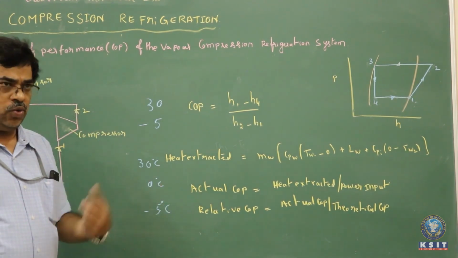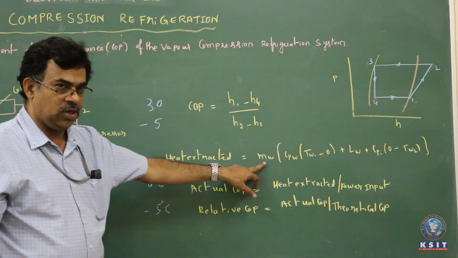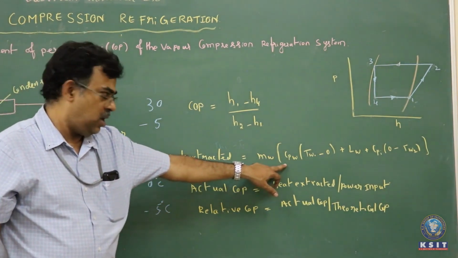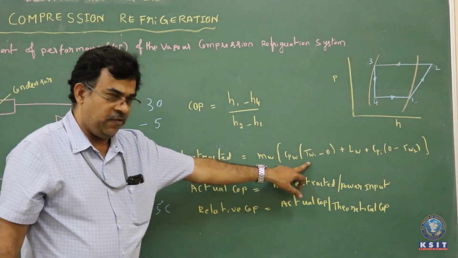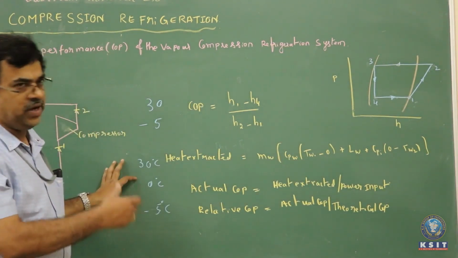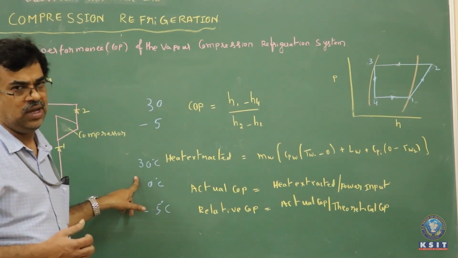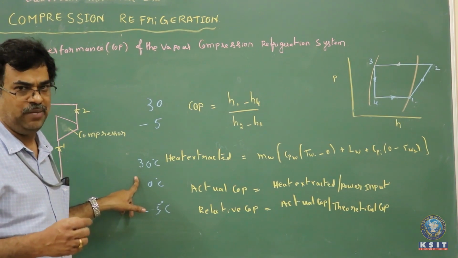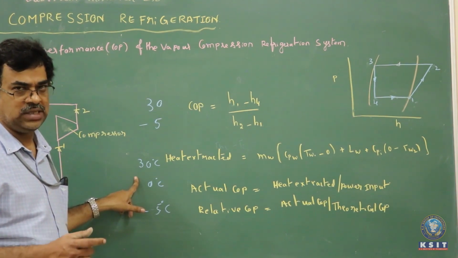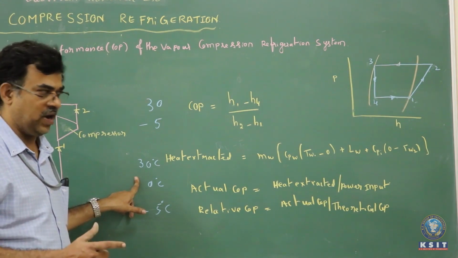To remove the heat from 30 to 0 degrees: mass of water, specific heat of water, initial temperature of water minus 0 degrees. Then after it reaches 0 degrees, when you further remove heat, the temperature will remain the same. It changes phase from liquid to solid ice.